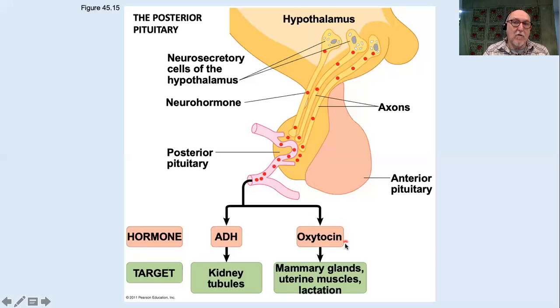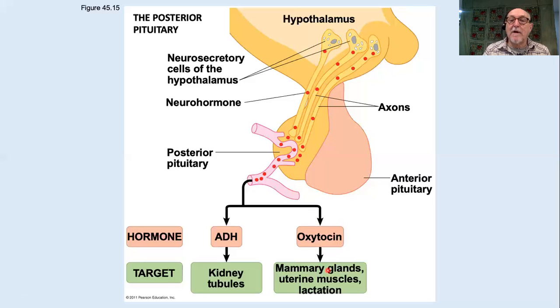The other hormone which is released from the posterior pituitary is oxytocin. Now, oxytocin has many, many effects all over the body. And in particular, a particular physical effect is that it operates often on smooth muscle.